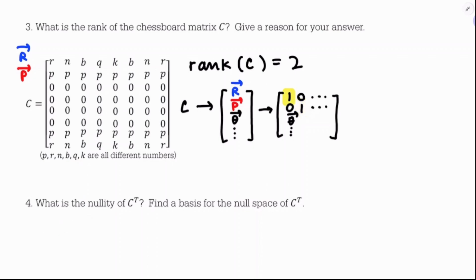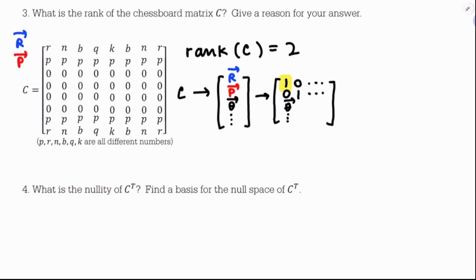Pardon me. Okay, yeah, rethink that. The fact that you need to be remembering right here is that the rank of a matrix and the rank of its transpose are always going to be equal for every matrix.